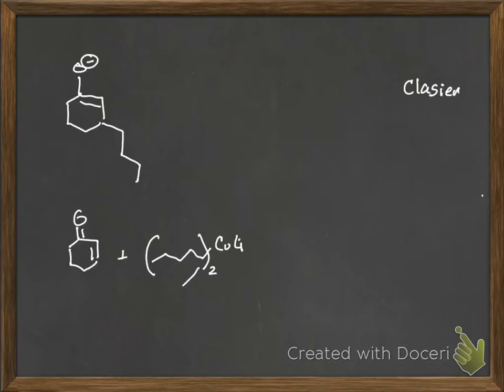Now this would just attack there, blah, blah, and take us up to where we are. Now, we want to do Claisen. What's the difference between Claisen and an aldol? Answer. In an aldol, you're using a ketone or an aldehyde. In Claisen, you are using an ester.